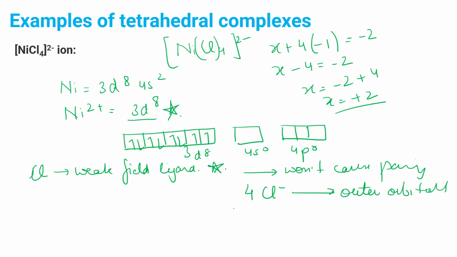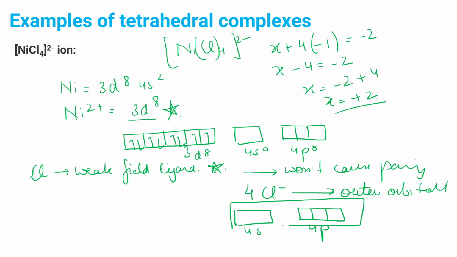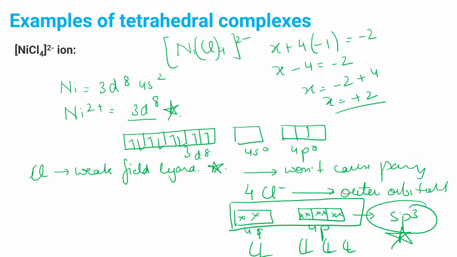So the 4s orbital over here and 4p over here do hybridization and will form hybrid orbitals where 4 ligands, that is 4 chloride ions, will donate their 2 electrons each in the empty orbitals, and the hybridization generated will be sp3. So what will be the geometry? Geometry will be tetrahedral.